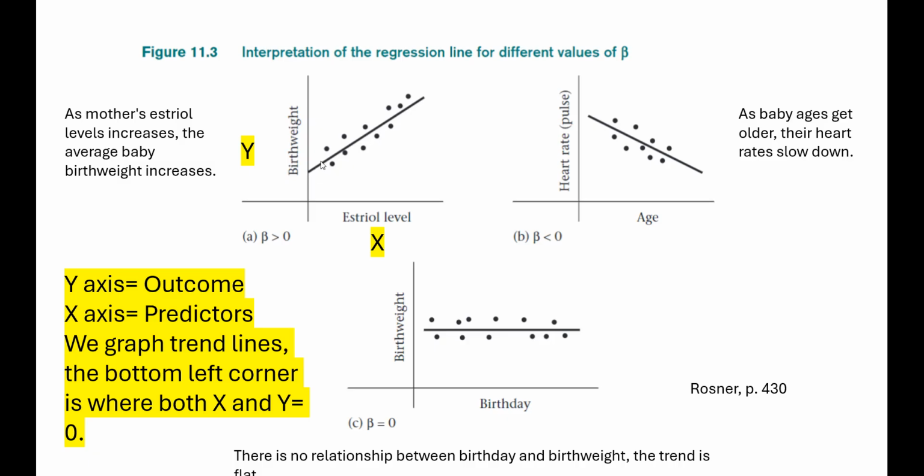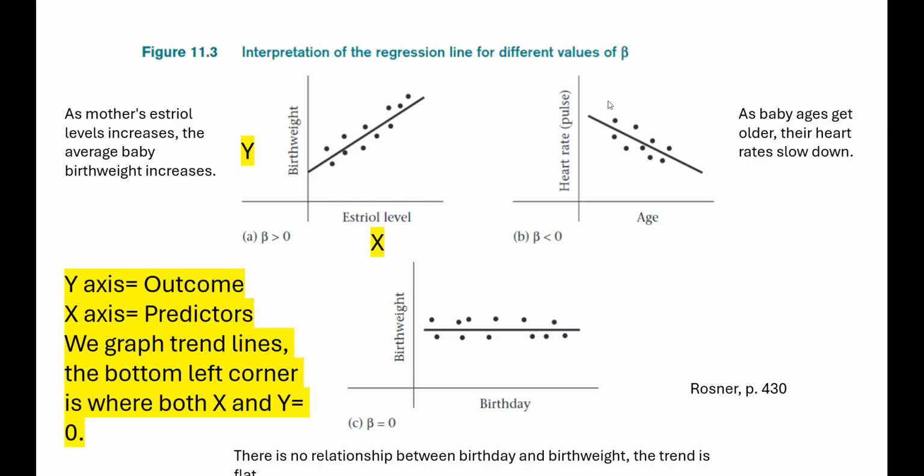So we see what we consider a positive trend because the values are going upwards the further they get away from that bottom left 0, 0 coordinates. As these values get higher, one value gets higher, so does the other. That's a positive trend.